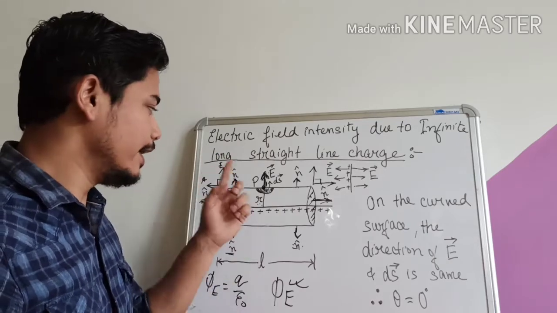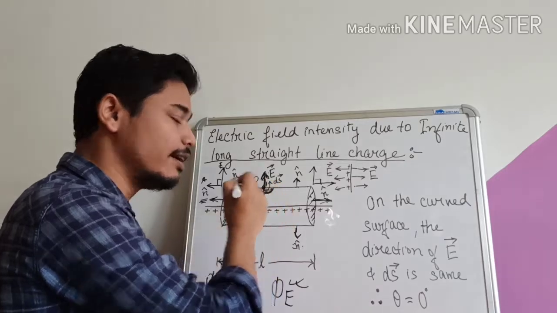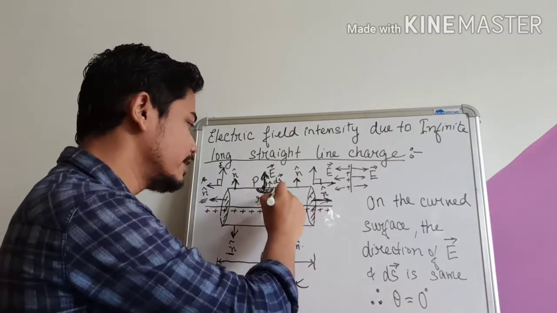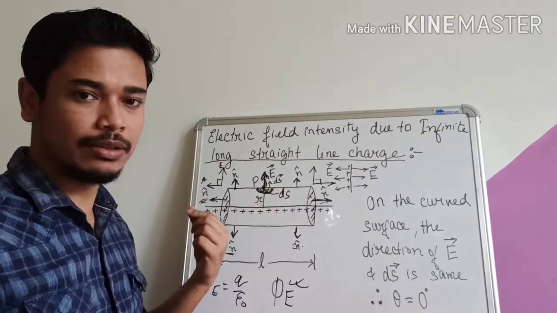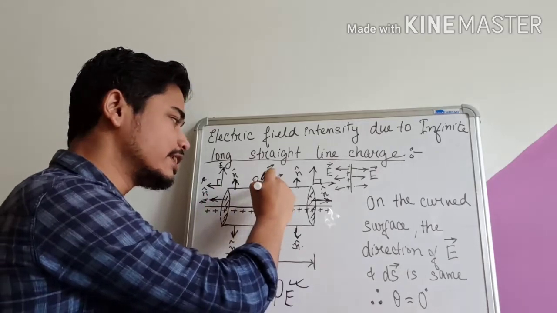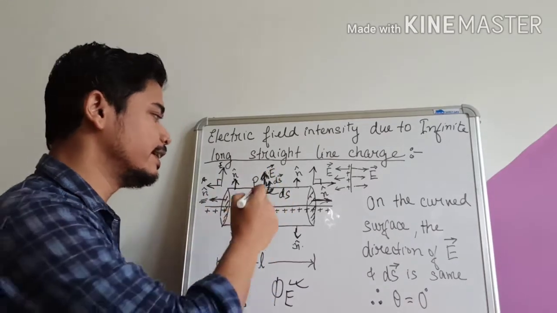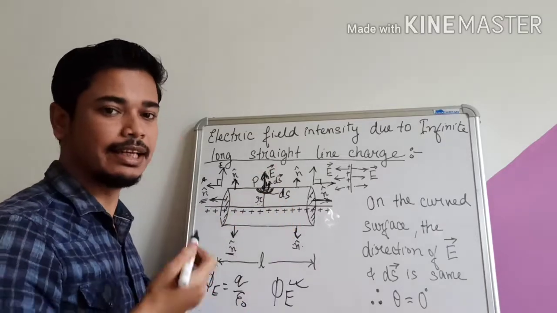Similarly, I have considered a small area element ds here, and the area vector for this element will be perpendicular to the surface. So the direction of E and the direction of ds is the same.